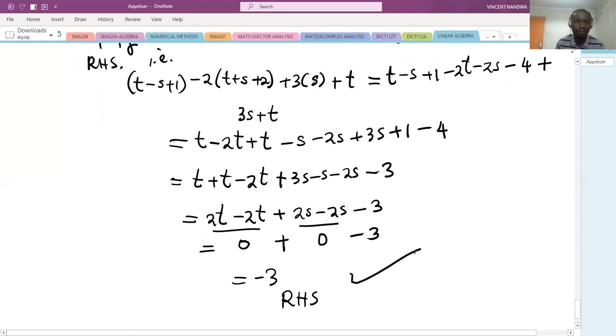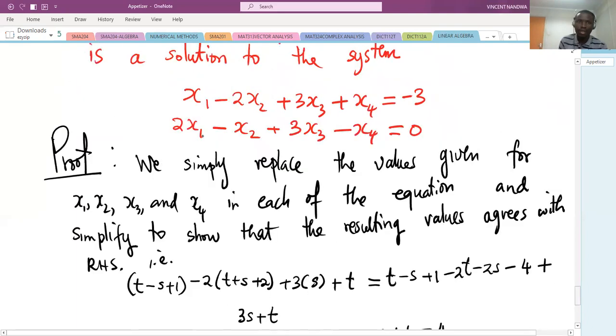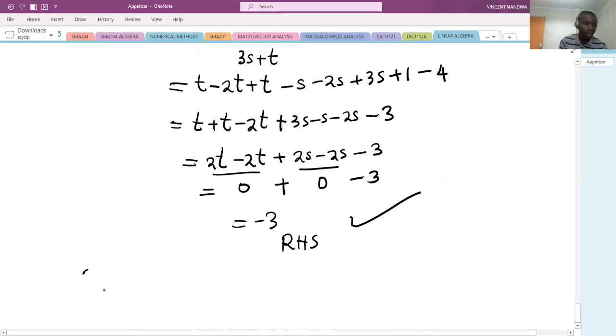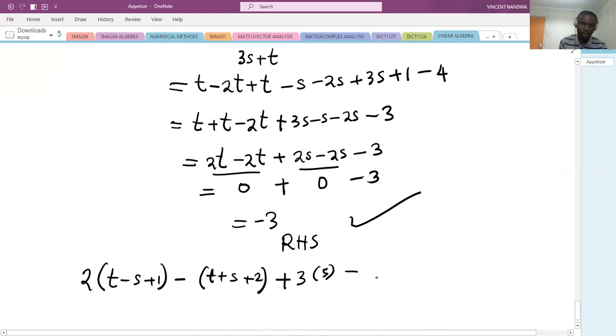So that is fine. And then in the second equation, we still replace the same values of x1, x2, x3 and x4. So we'll have 2 times x1, which is t minus s plus 1, and then minus x2, which is t plus s plus 2, and then plus 3x3, where x3 is s, and then minus x4, where x4 is t.